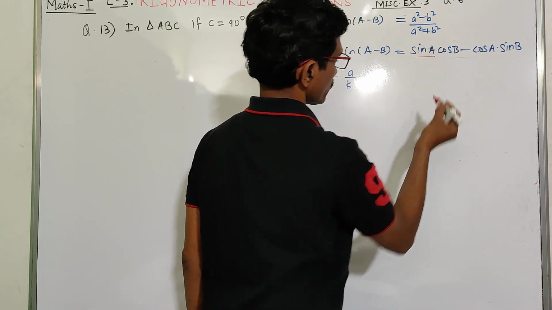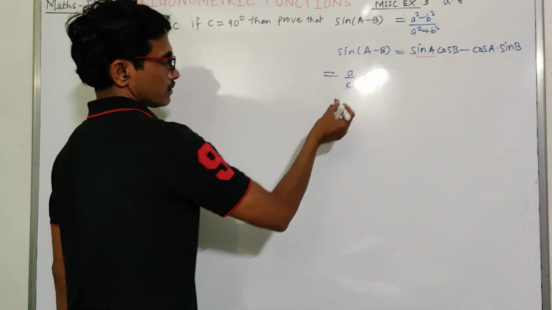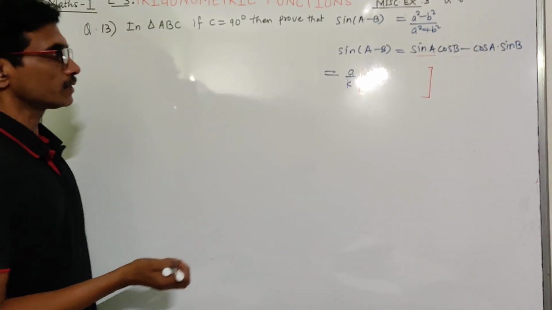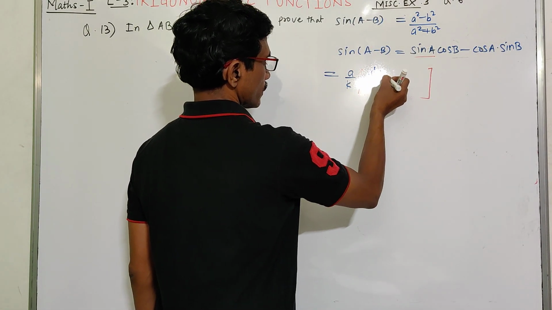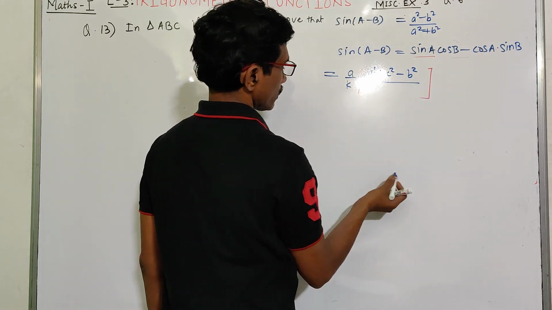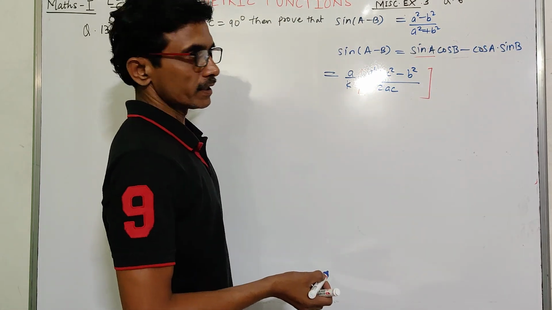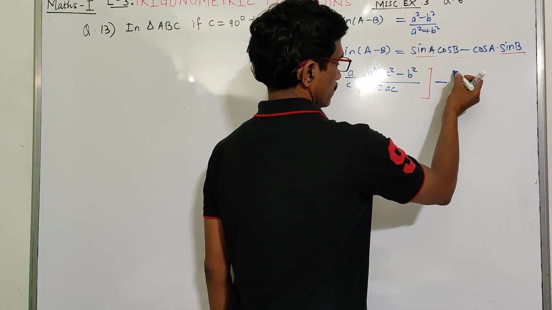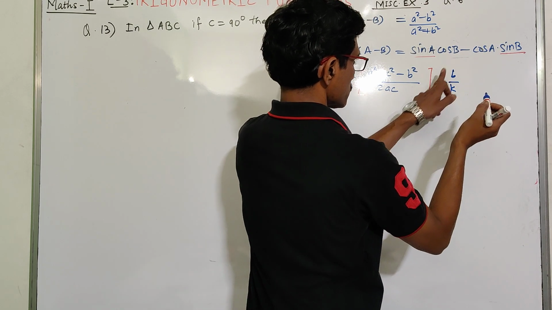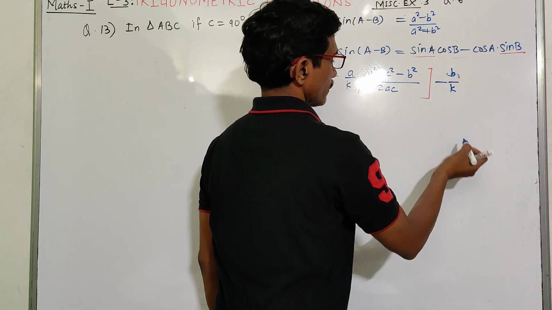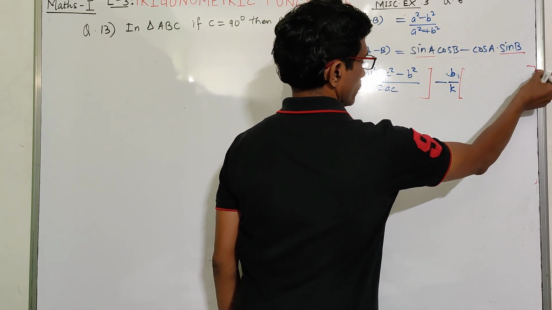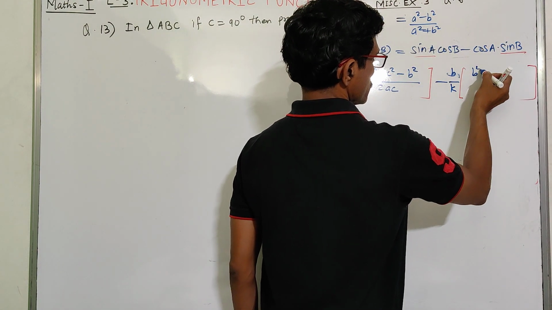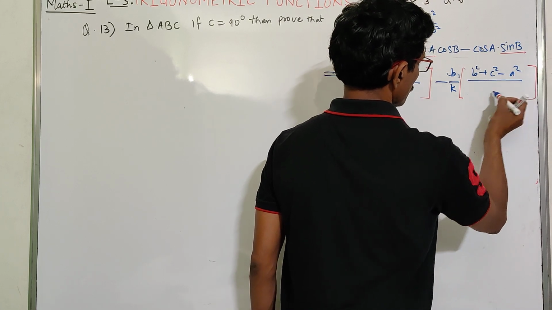Then we write cos B by cosine rule, which is a square plus c square minus b square upon 2ac, minus sine B. This sine B by sine rule is b upon k. Then cos A by cosine rule is b square plus c square minus a square upon 2bc.